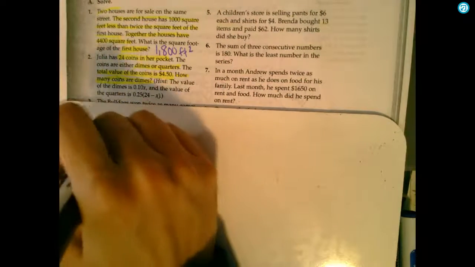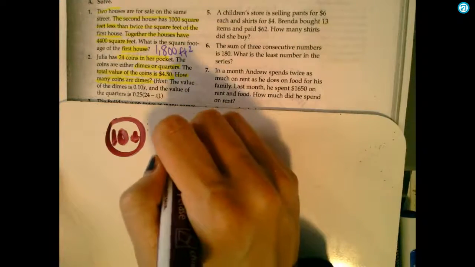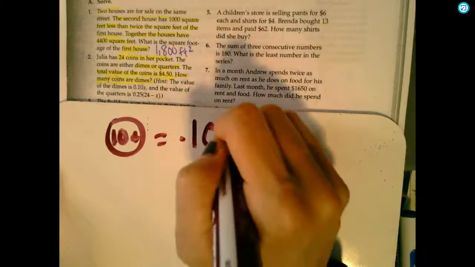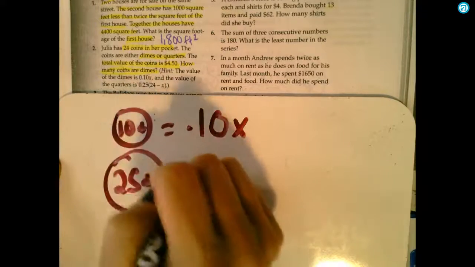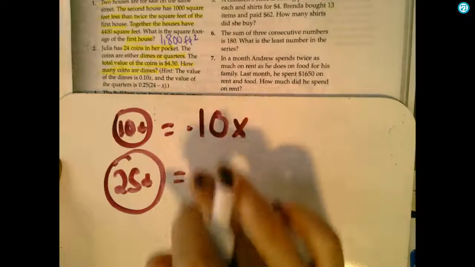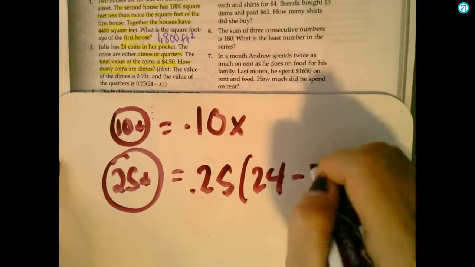We're going to write dimes. So if you think about like a dime, we know it's 10 cents, but we're going to write it as a decimal. So 0.10x is the dime. The quarters, which is a bigger coin, we're going to write that value as 0.25 times 24 minus x.